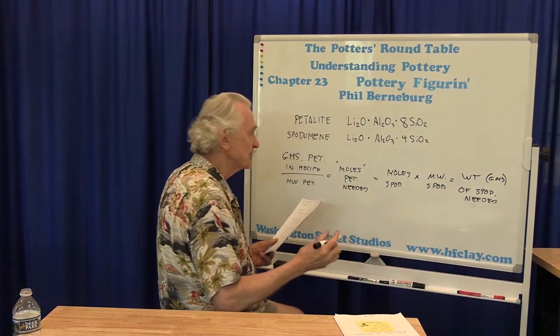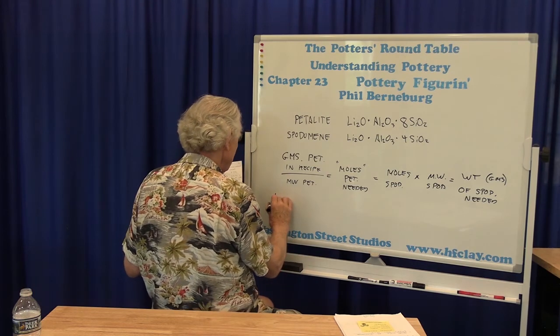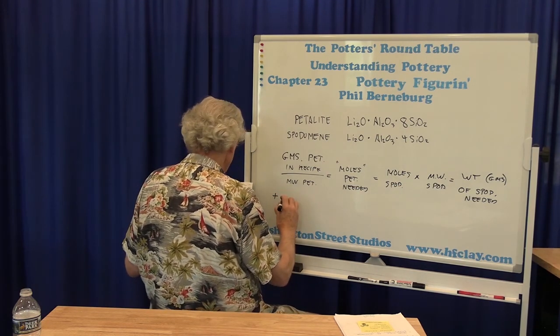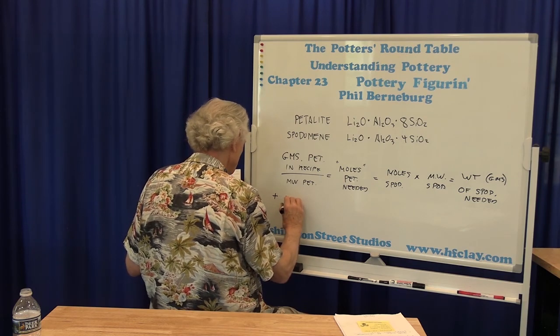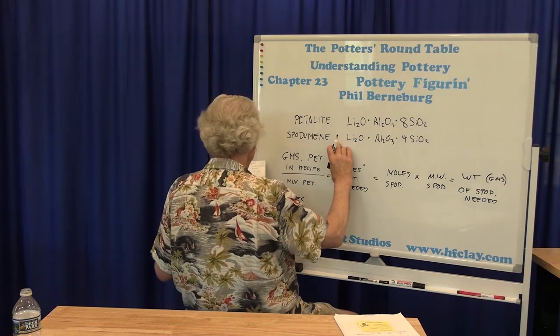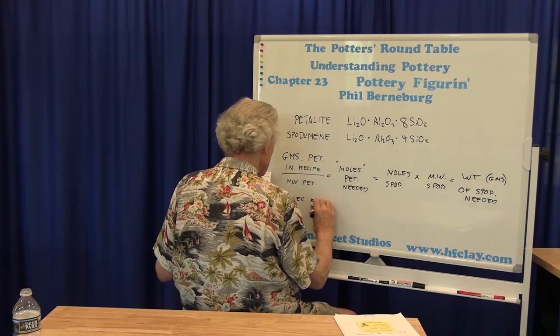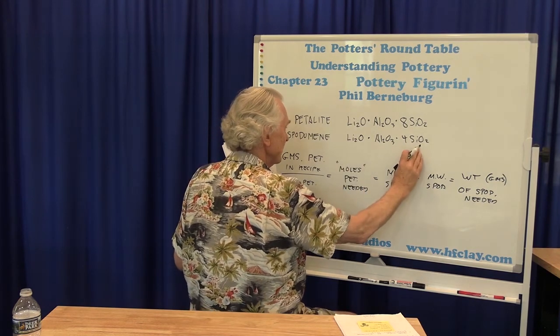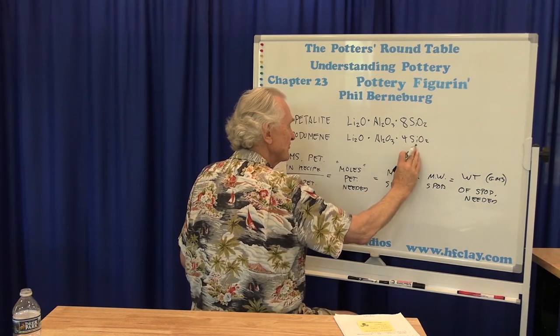But now I also need to add the silica. So this is where I take that same number of moles of spodumene, and I multiply it by 4, because for each mole of spodumene that I substitute, I'm lacking 4 silicas.